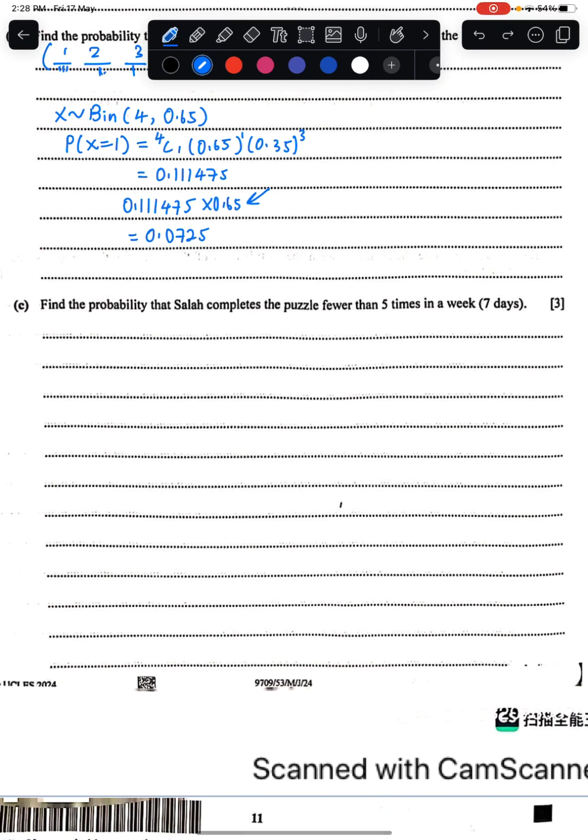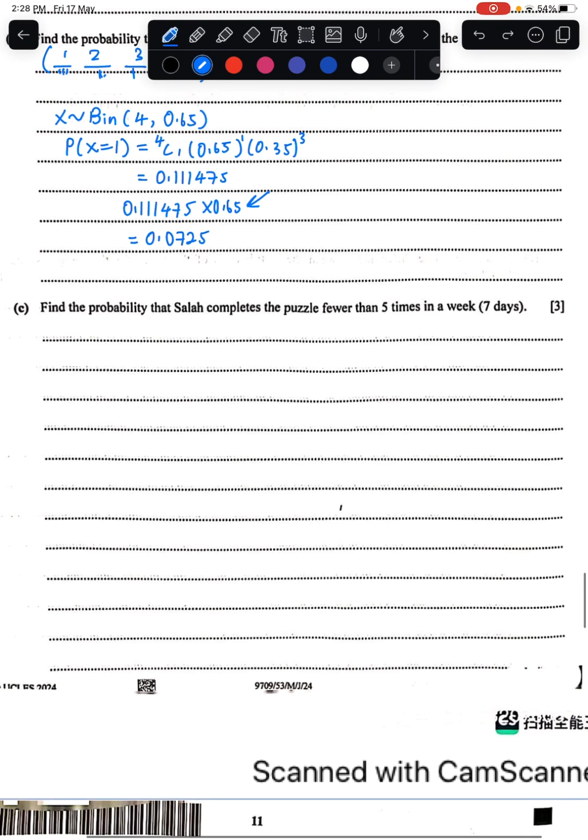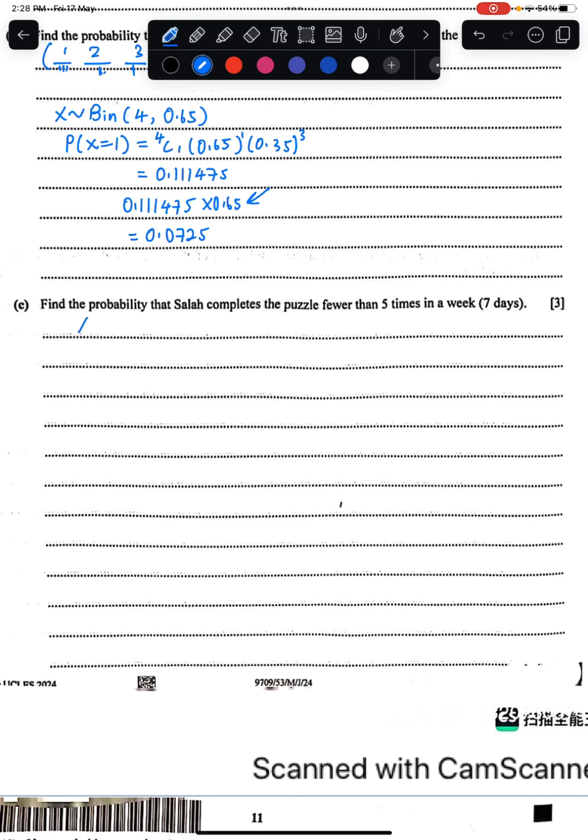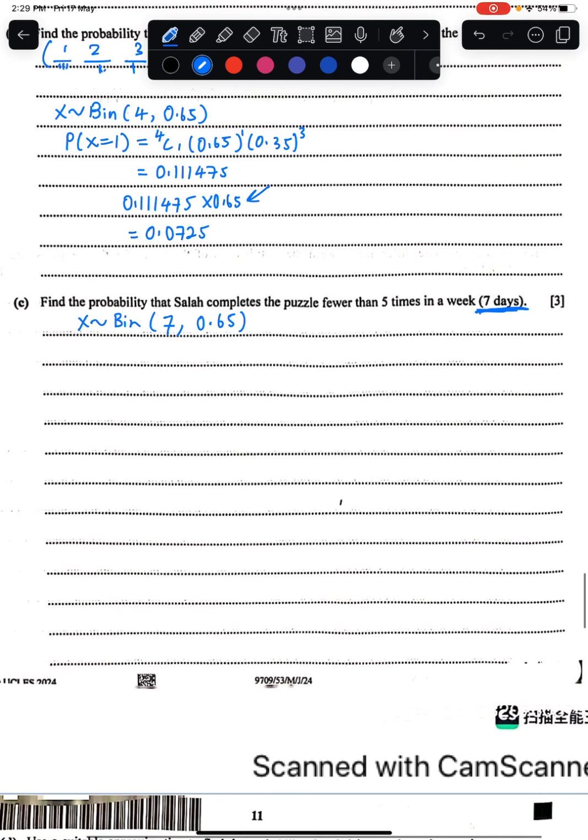Alright, part C is just another binomial distribution. This one follows binomial. So instead of 4, we have 7. So n is 7, and the success rate is 0.65. Find the probability that Salah completes the puzzle fewer than 5 times a week.